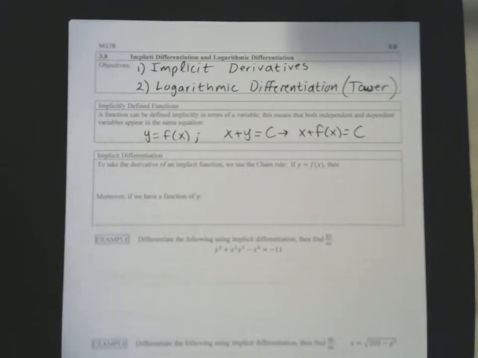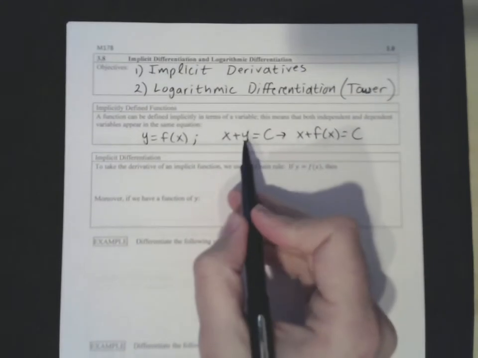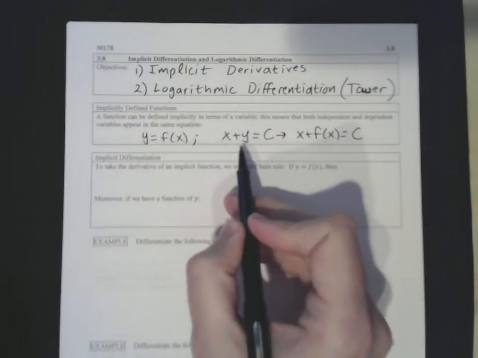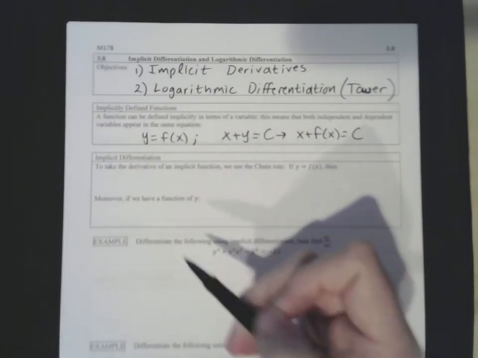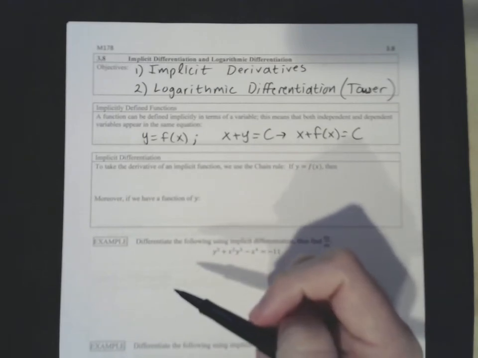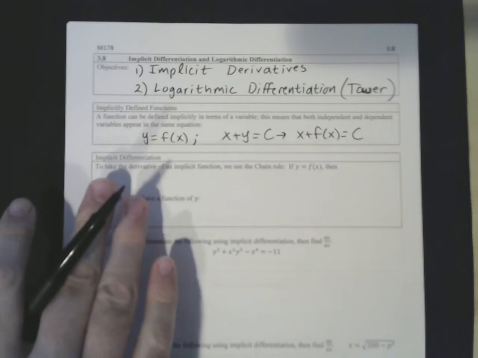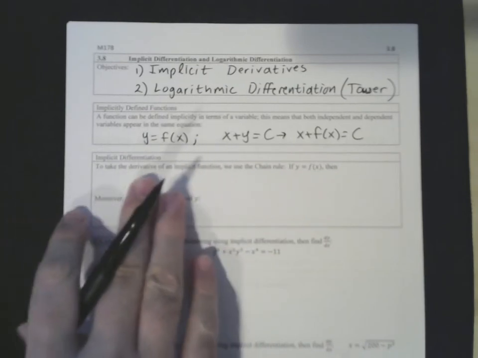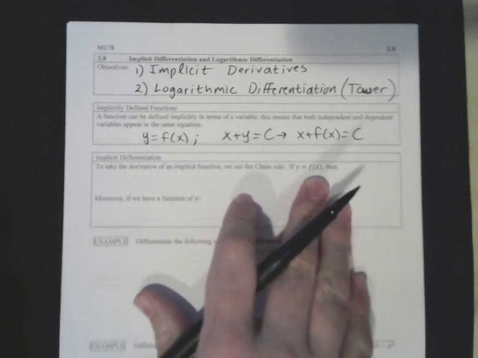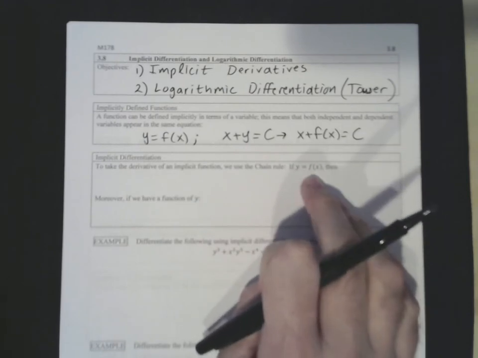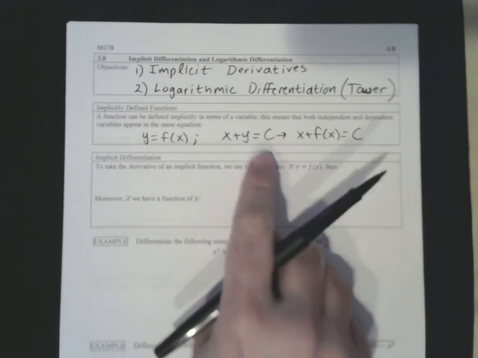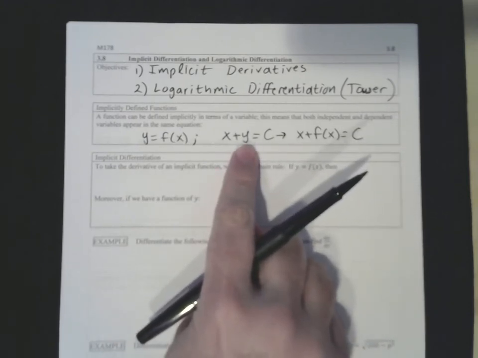Now we don't always write that because 1, it's faster to write it as y, and 2, a lot of times our implicit variables, our dependent variables, represent some sort of value or parameter in the real world. So when we are taking implicit derivatives, to take that derivative, we're going to use the chain rule. So we know y is f of x. And just for example, I'm going to use this function.